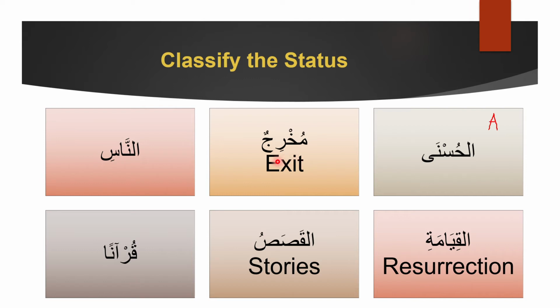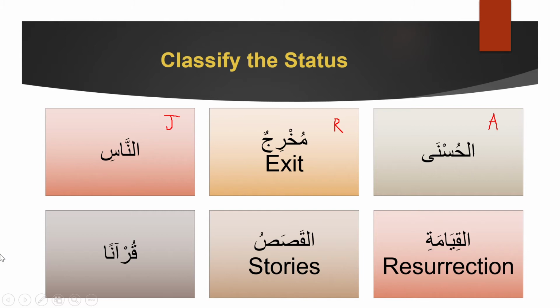Next, Mukhrijun. It's a rafa. It's dhammatain, so it's rafa. There's no rafatain. Okay, guys? It's dhammatain. Next, An-Nasi. Kasra. Kasra means jar. Yes. Next, Al-Qiyamati. The T over here is kasra.